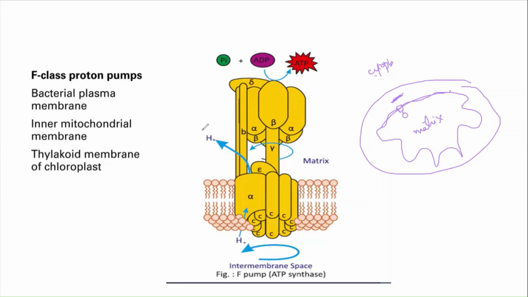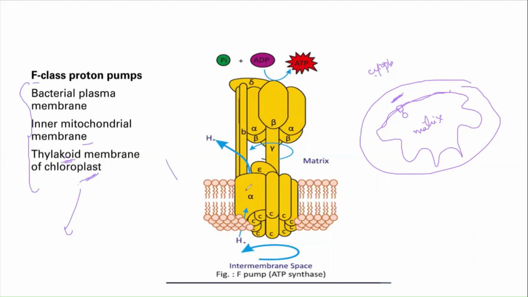So they are present in the bacterial plasma membrane, the inner mitochondrial membrane, and the thylakoid membrane of the chloroplast. Wherever present, they are F class proton pumps. In the thylakoid membrane of the chloroplast, during photophosphorylation, ATP is made with the help of light, that's why it is photophosphorylation. In the inner mitochondrial membrane it is oxidative phosphorylation, that is ATP synthesis. And in the bacterial membrane we normally call them H+ proton pumps.